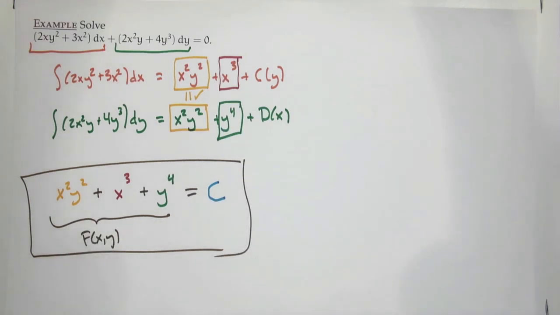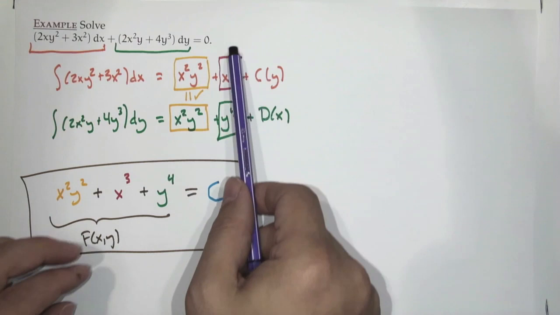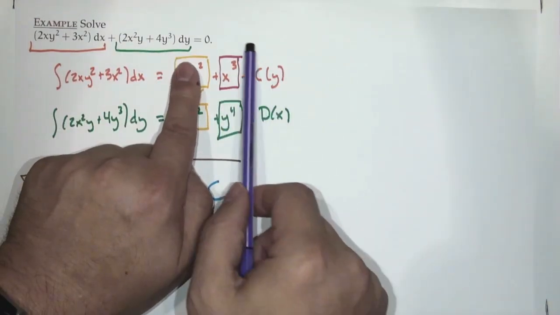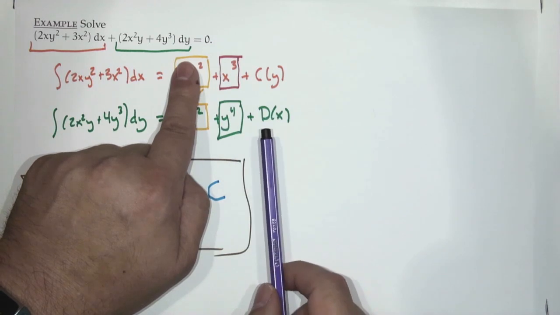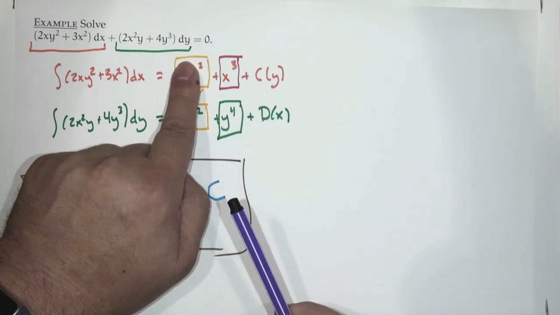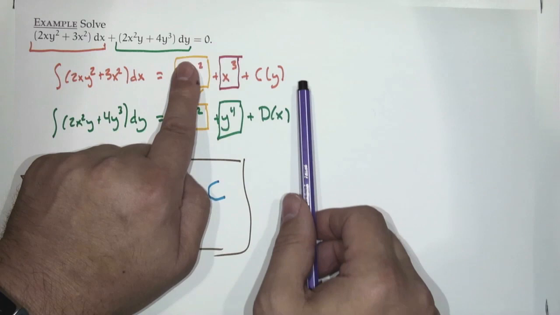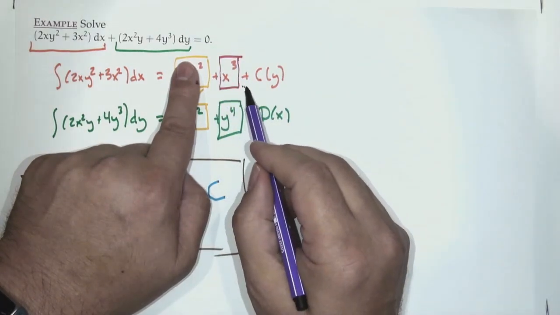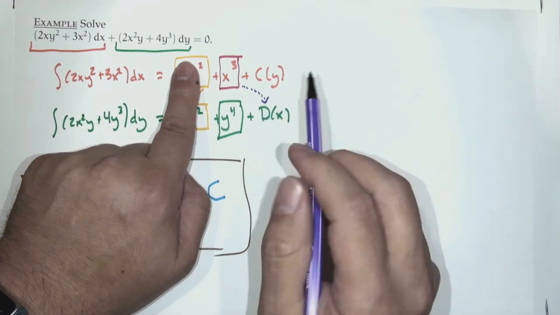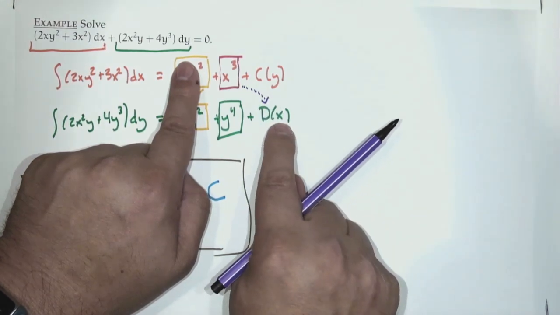Okay, one more quick note, and then we'll say that this problem is good. We know that these parts match. Do these parts match? Well, the answer is, if you think about it, that x cubed is hiding in the d of x term.